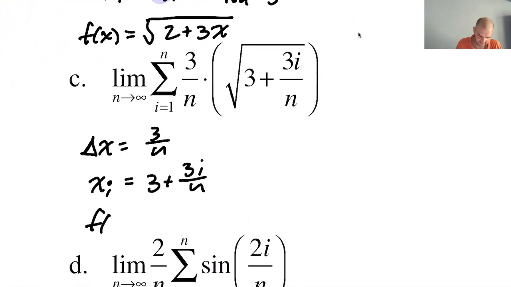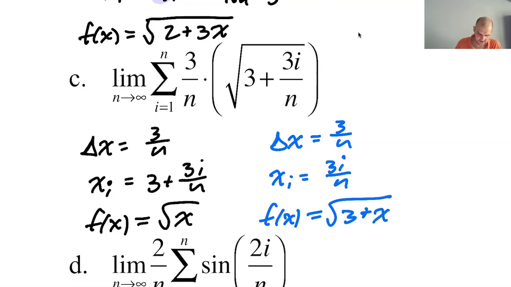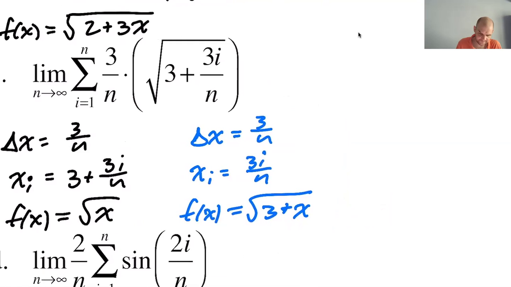And then that would mean that f of x is just the square root of x. Or we could say that delta x is 3 over n, x sub i is 3i over n, and that'll make f of x the square root of 3 plus x. So both of those are totally valid.